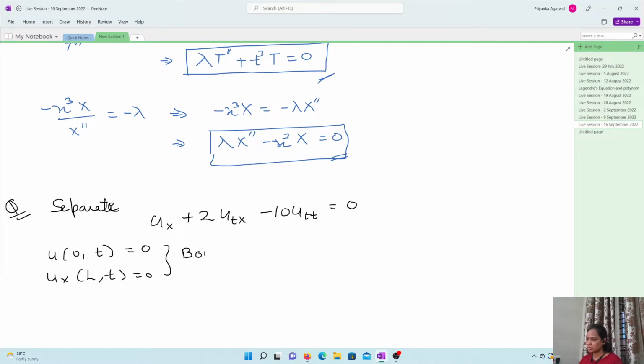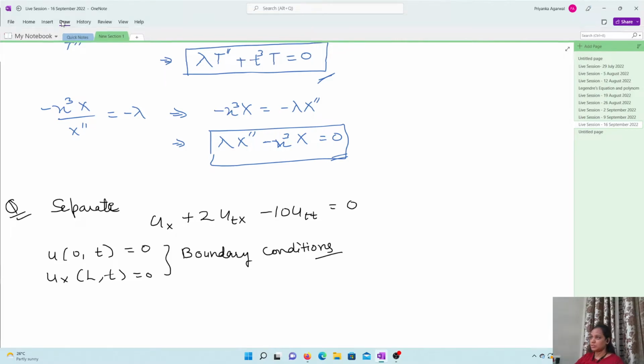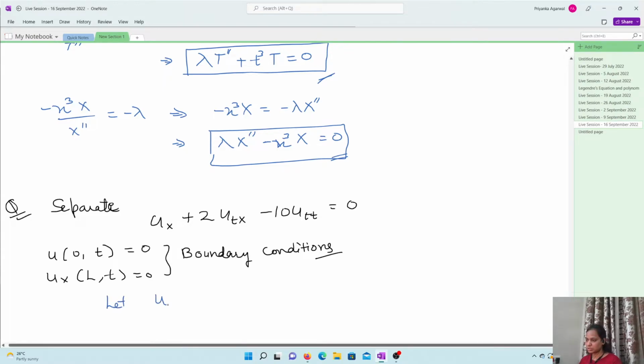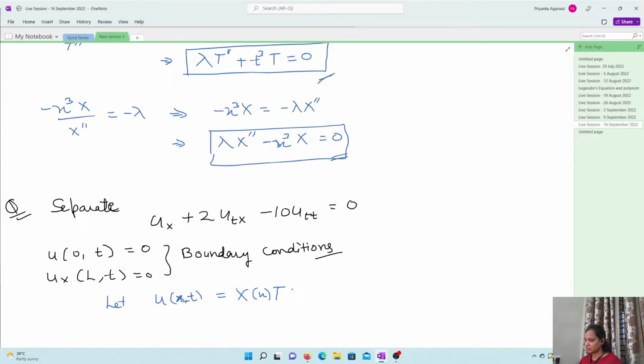So we are given these boundary conditions. Okay. So let's solve in the similar manner, where we first assume that u is a function of multiplication of x and t. This is called separation of variables method.